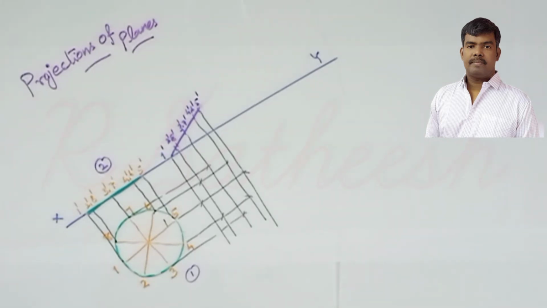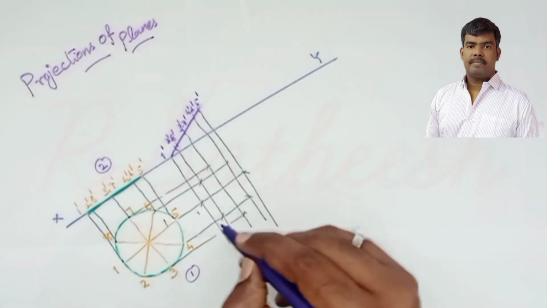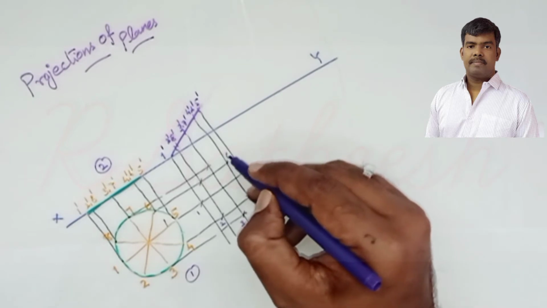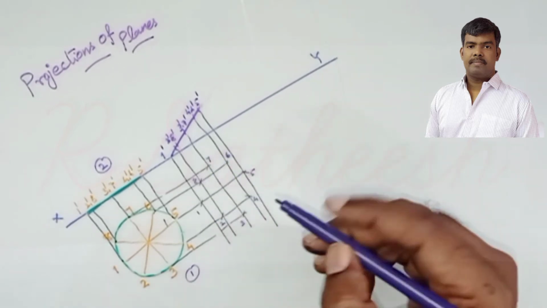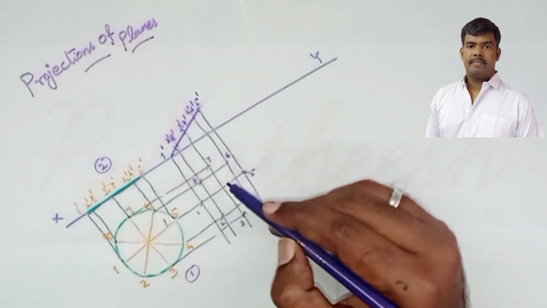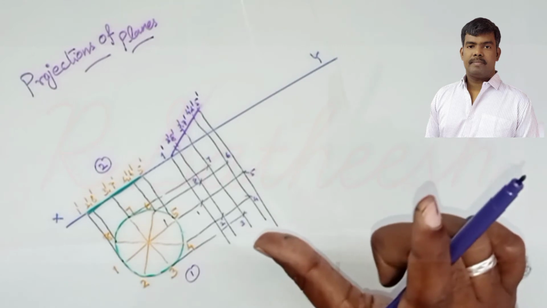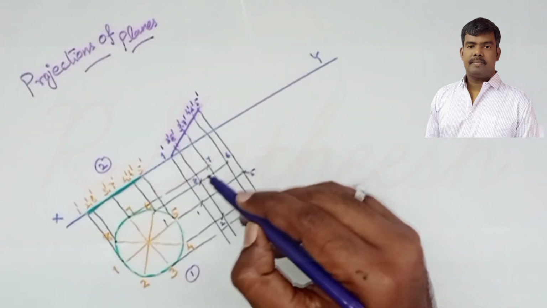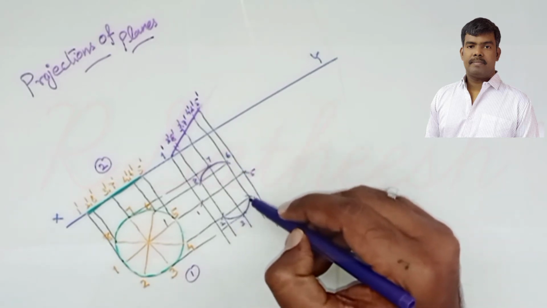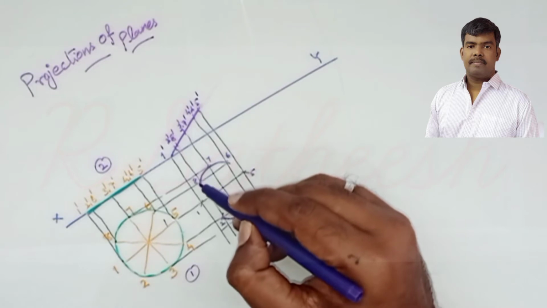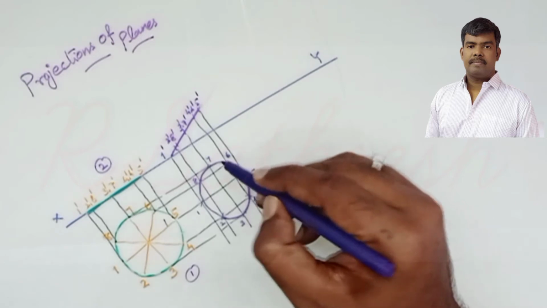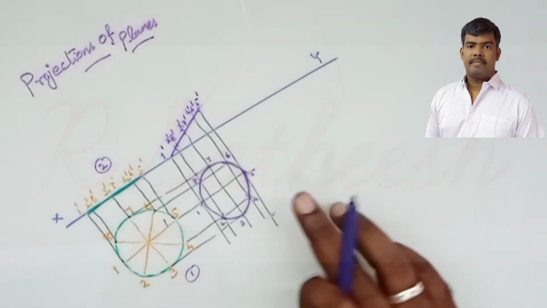So now 1, 2, 3, 4, 5, 6, 7, 8. Now you join 1, 2, 3, 4, 5, 6, 7, 8. It appears as an ellipse, because the circular plate while tilting appears as an ellipse only. Clear? You draw a smooth curve. Yes, so it appears as an ellipse.